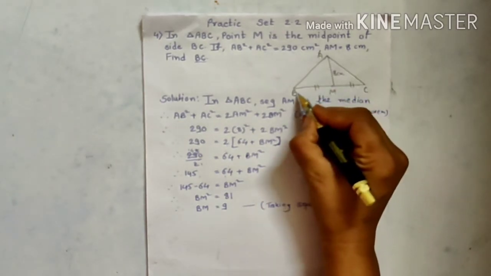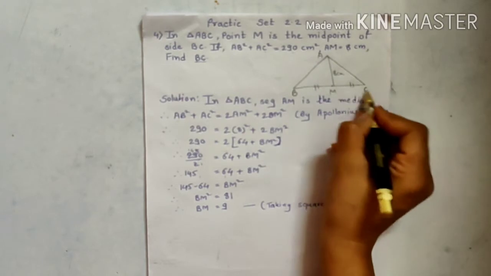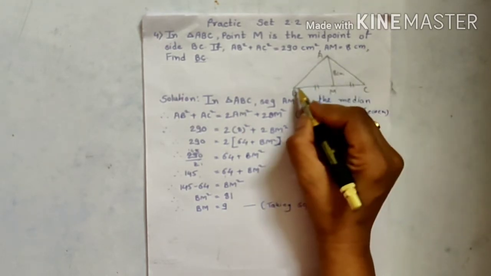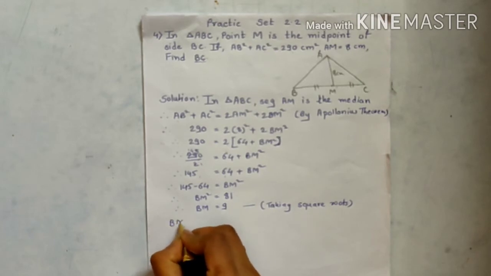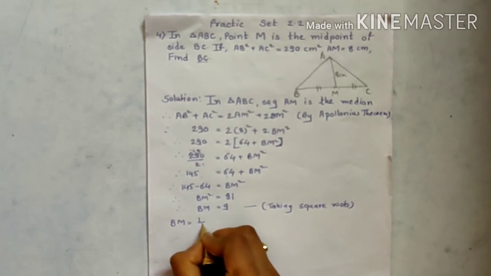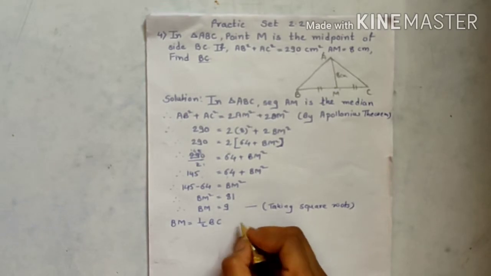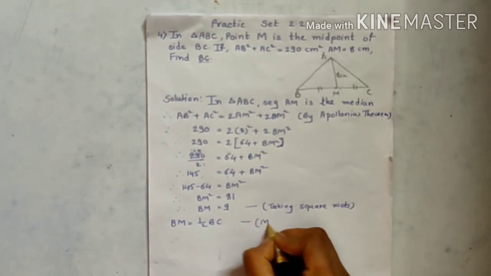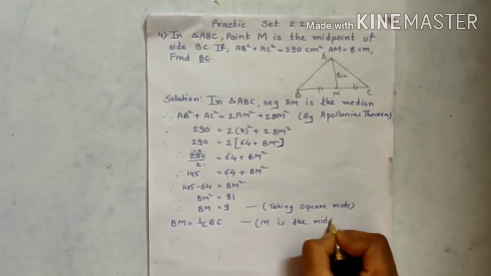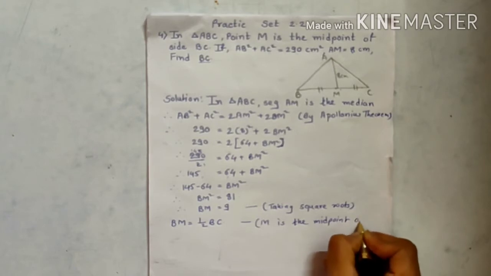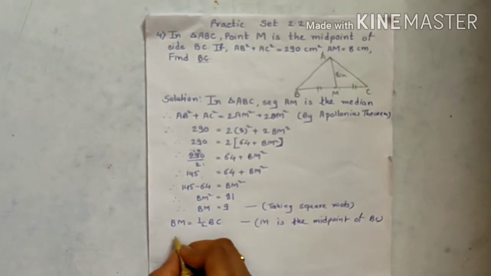Here BM, M is the given midpoint of BC. That means BC is double of BM. So BM is equal to half of BC, because M is the midpoint of side BC.